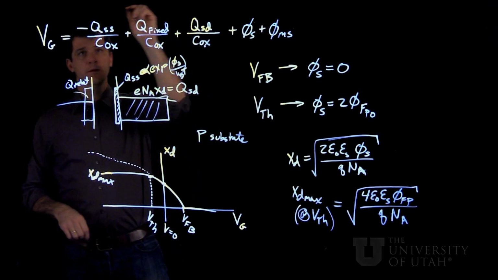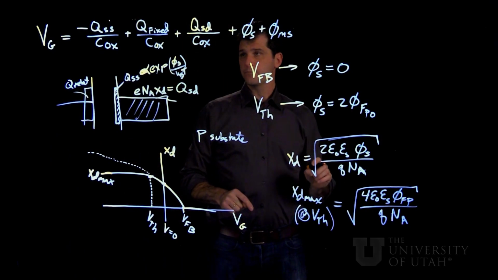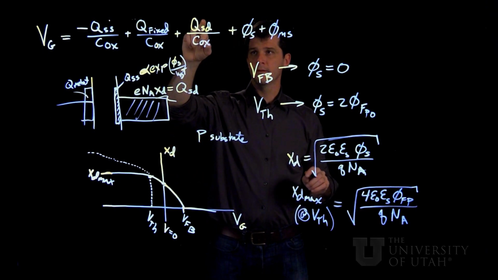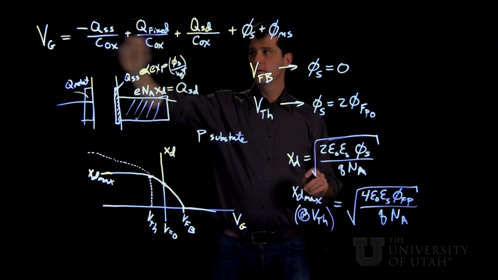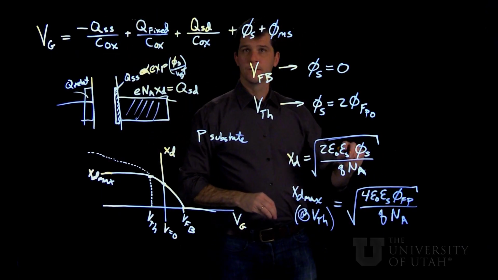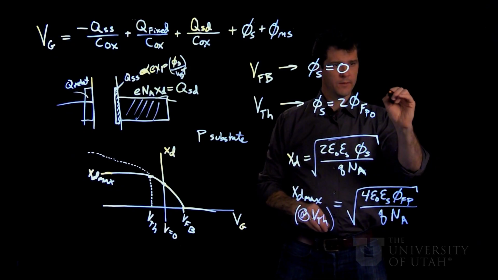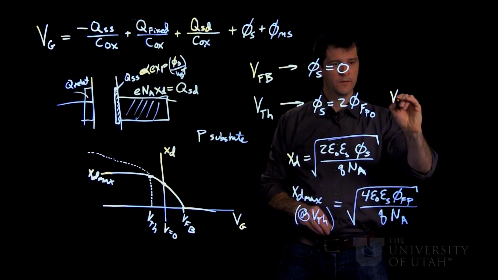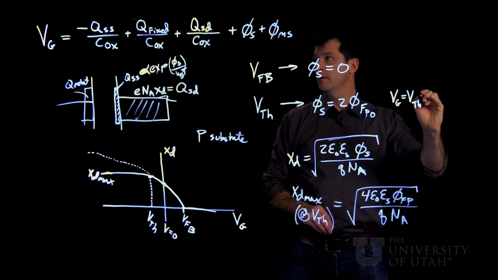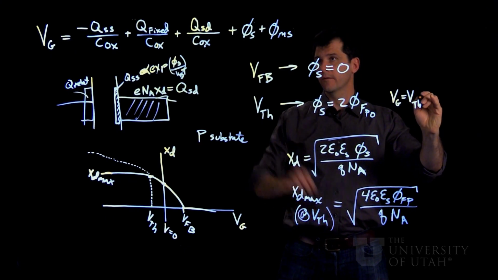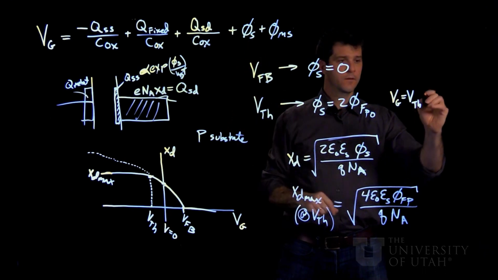And then we can plug this into this term here, and we'll get an equation for the threshold voltage. So I can write that here. V gate equals V threshold. And this occurs where we substitute in this equation here.